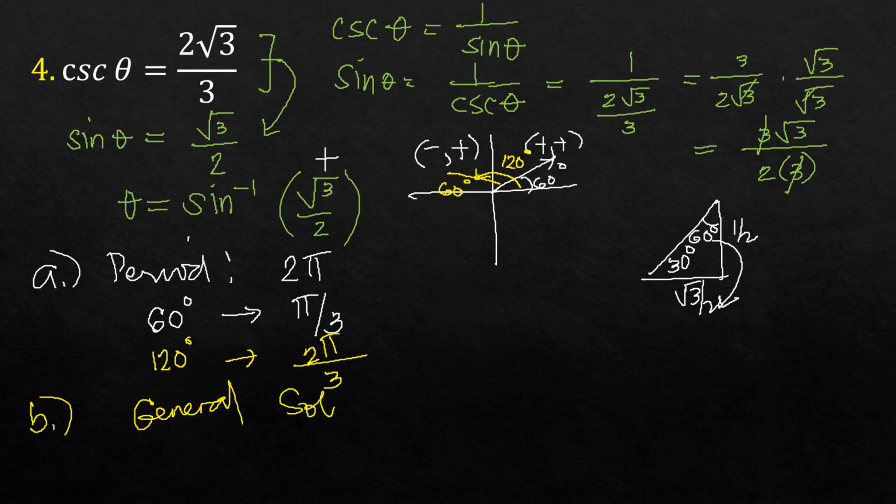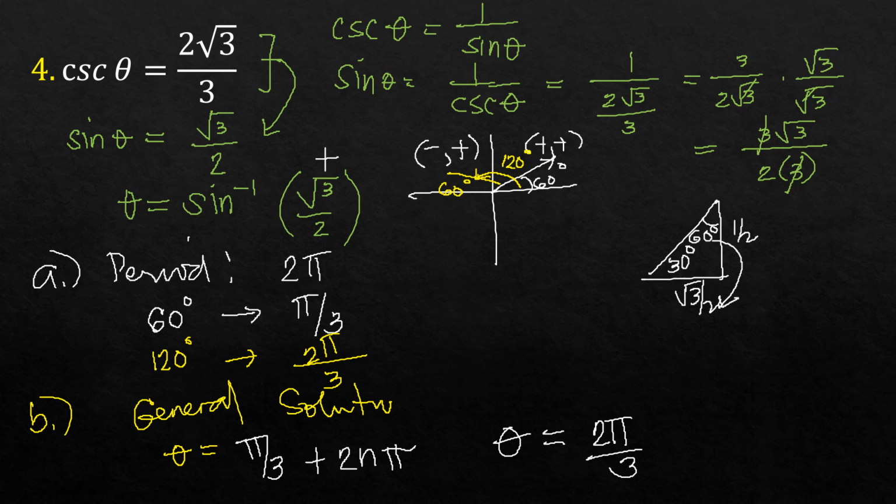In the general solution, theta is equal to 60 degrees. Now we are using the radian, and that is pi over 3 plus 2n pi. The other is theta is equal to 2 pi over 3 plus 2n pi.